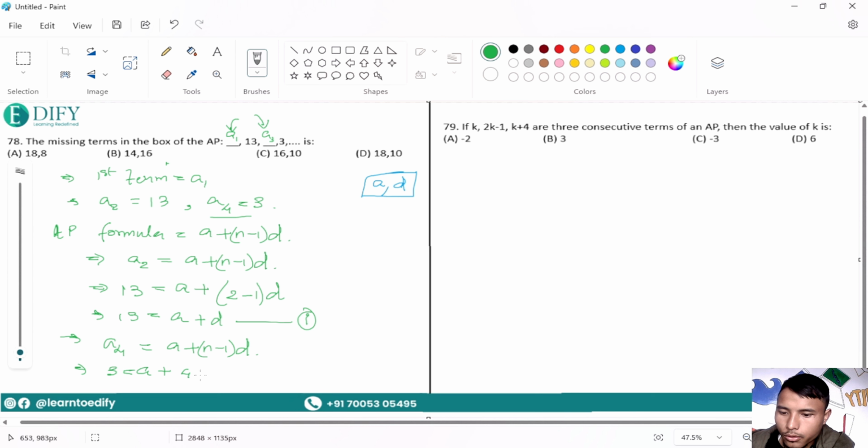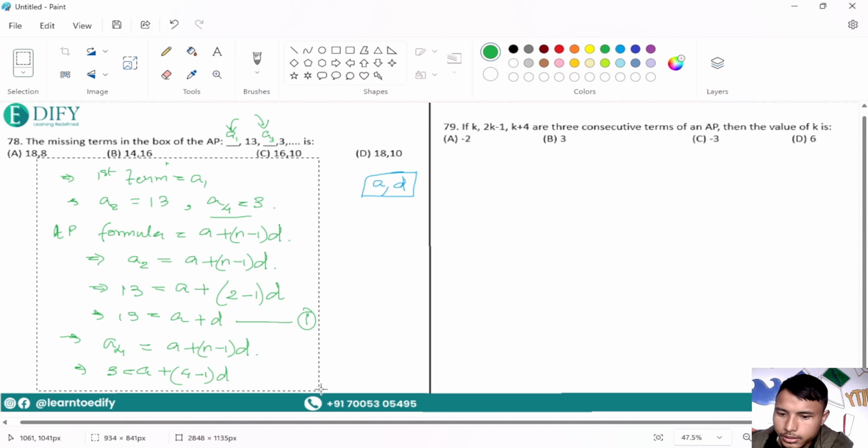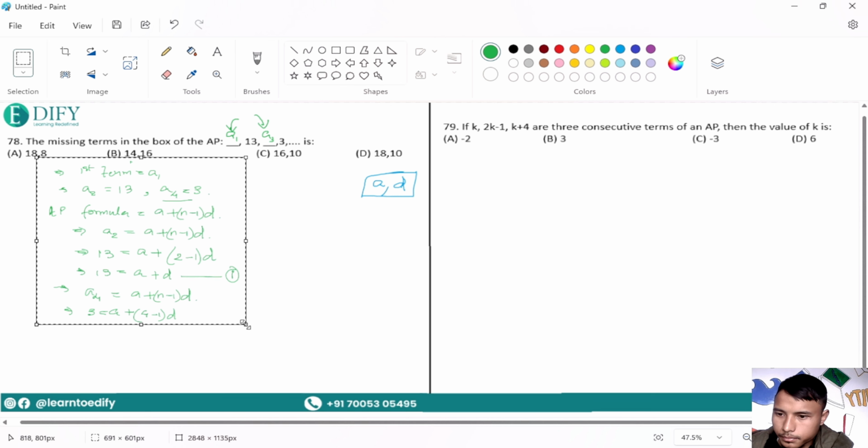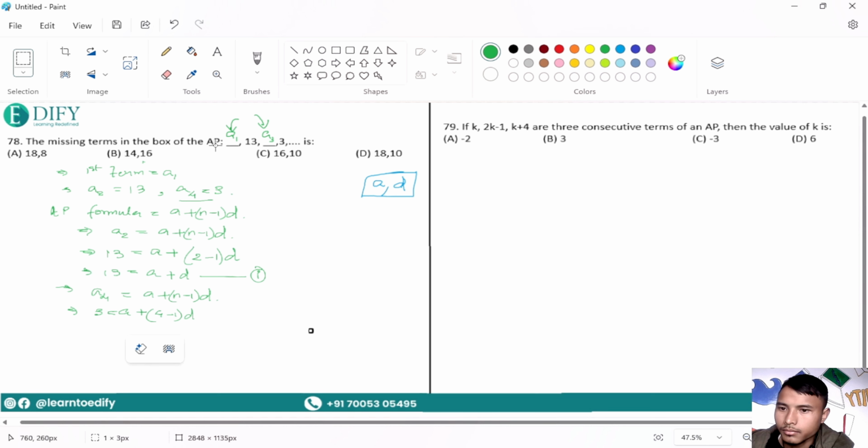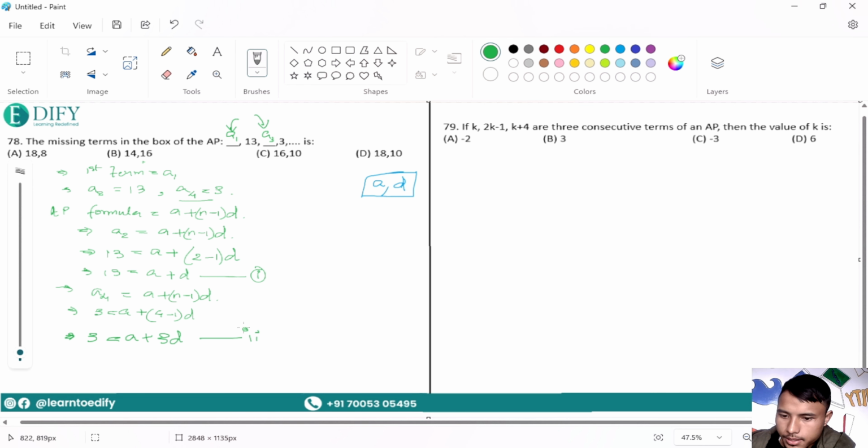So this is 4 minus 1 D. So 3 equals A plus 4 minus 1 D, so 3D. So we keep this as the second equation.